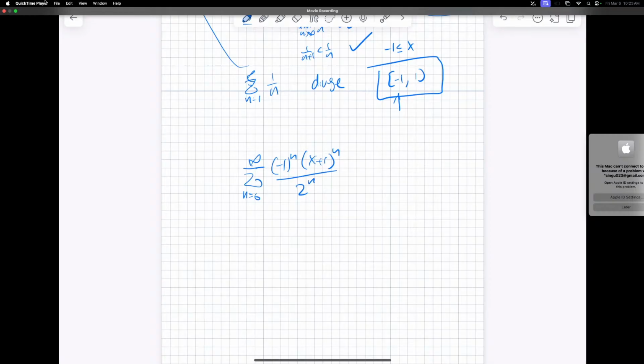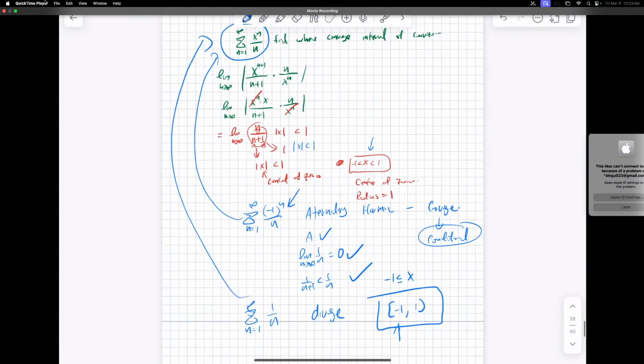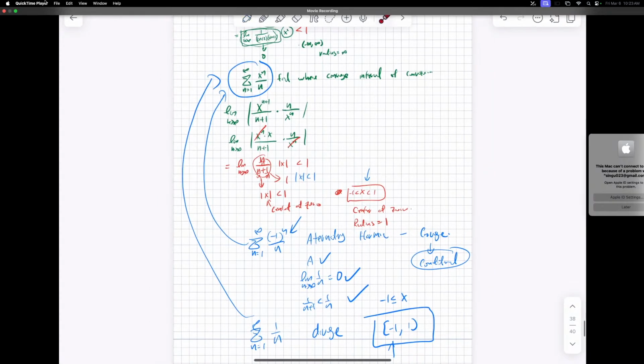Alejandro, Gabby, what's your question? We got from -1 to 1. How did you know to go to the harmonic one and the alternating one? How did you choose those? Okay. So maybe I didn't explain that part. Remember, this is x, right? I plug in -1 into the original series. If I plug in the -1 here into the original series, that's why I draw the arrow.